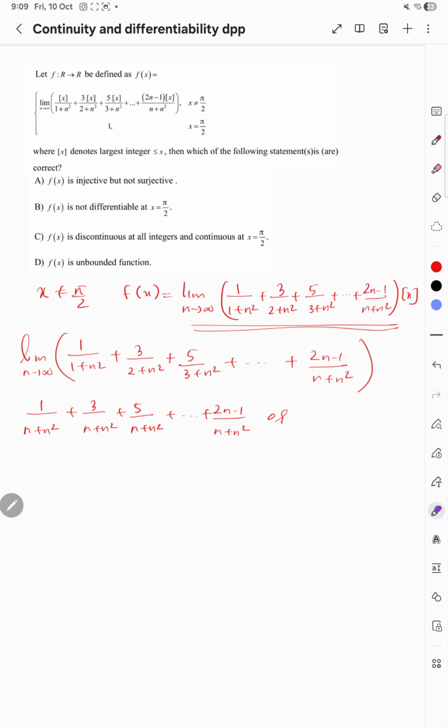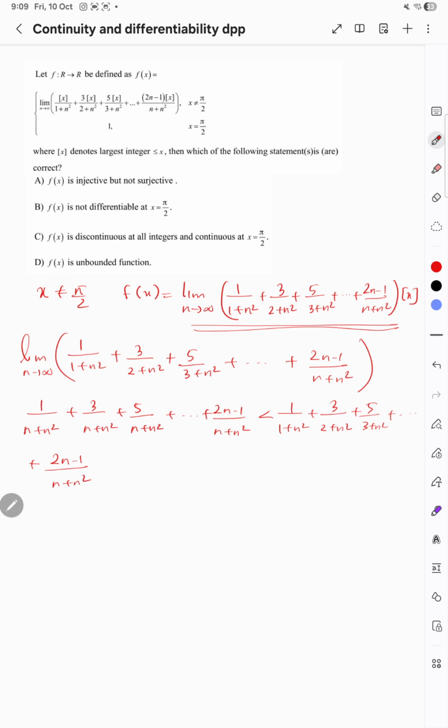So what I can say is that this is less than 1 by 1 plus n square, 3 by 2 plus n square, 5 by 3 plus n square, plus etc., plus 2n minus 1 by n plus n square. I hope it's clear.